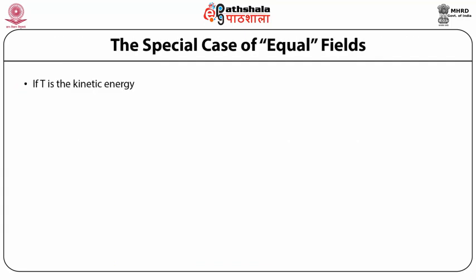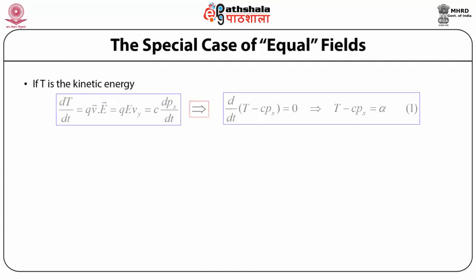If T is the kinetic energy, then dT by dt equals qv dot E equals qE vy equals c dpx by dt, or d by dt of T minus cpx equals 0. So T minus cpx equals alpha, where alpha is some constant.